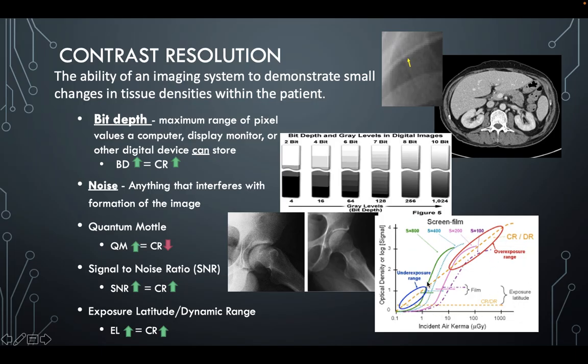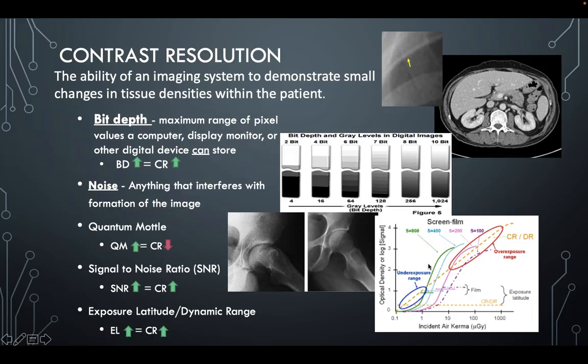This dotted line represents what CR and DR could do. If this is where I can start detecting things on film, I can start detecting things about here on CR or DR. And if this is where they end on film, this is where it would end on CR/DR.